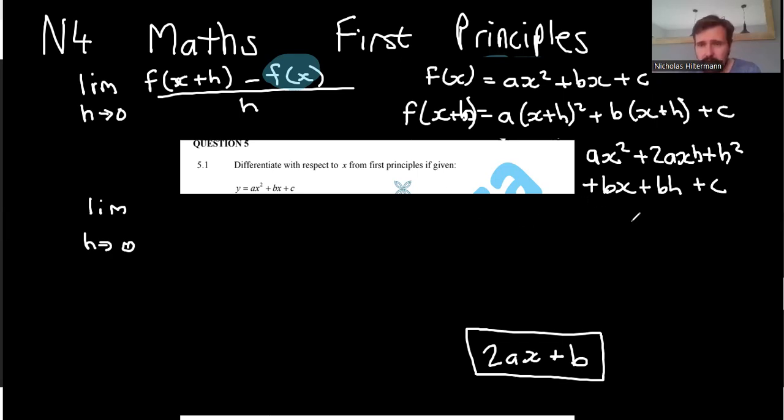Can't do anything with that. Okay. So I put an f of x plus h. So ax squared plus 2axh plus, I haven't done this one, this is going to be ah squared, a times the h squared.